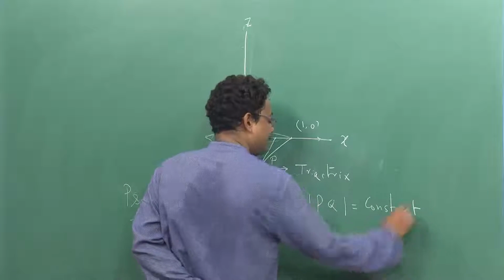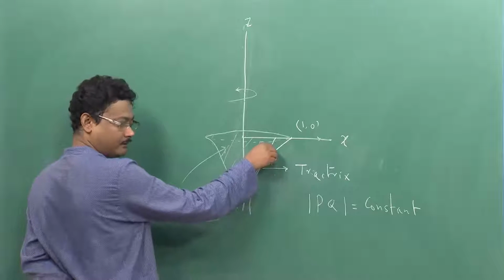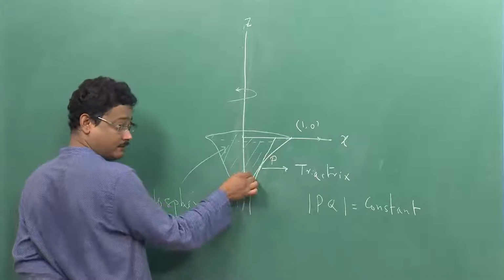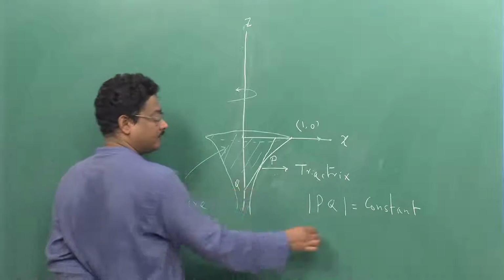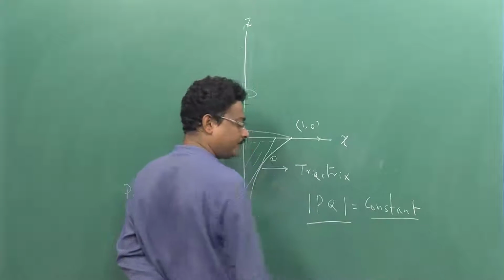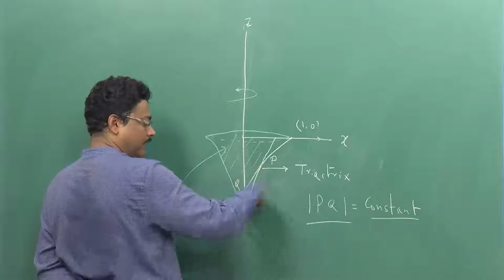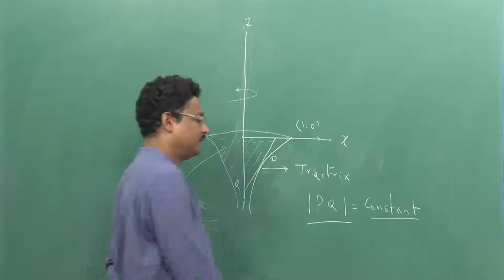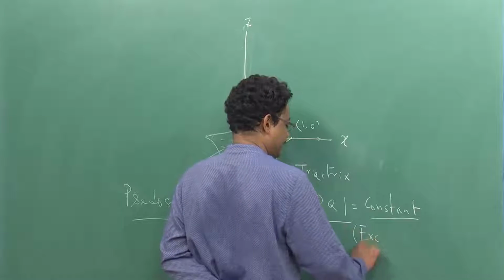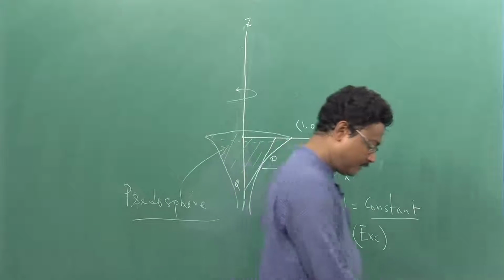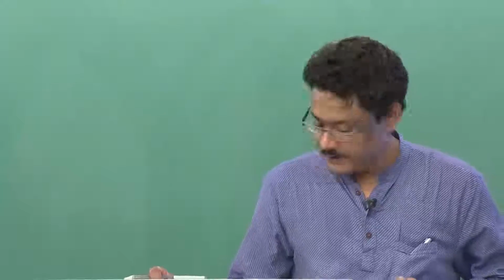Wherever you take your P, the length of PQ is always a constant. It does not depend on the parameterization of the curve. I put this as a nice exercise to solve. The surface generated is the pseudosphere.